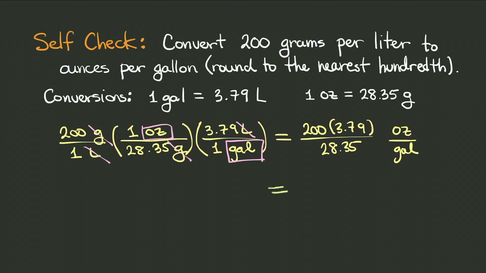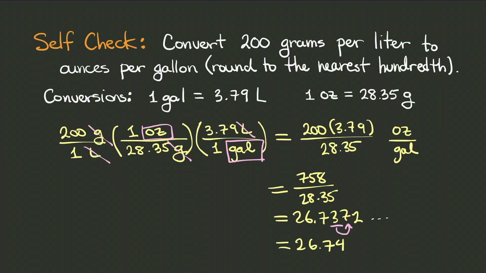So we're going to get 758 in the numerator over 28.35, which is going to give us 26.7372 and so on. And we're supposed to round that to the nearest hundredth. So I'm going to look at the hundredths place, move over to the next one. That is greater than or equal to 5, and so we'll round up. So we'll get 26.74 ounces per gallon.